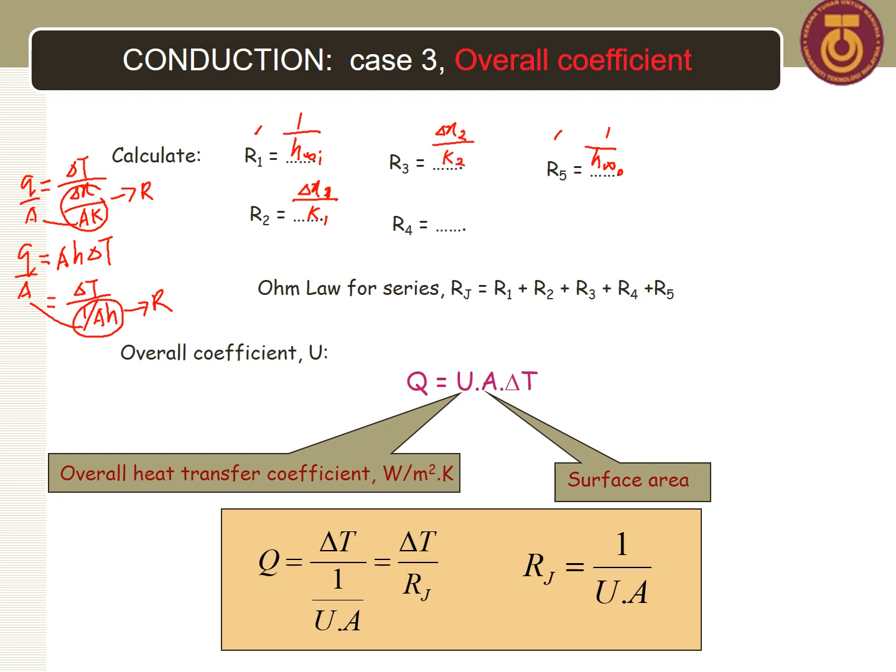And for R4 it is delta X, layer number 3, then K for layer 3. Okay, and we know this is a series, so Rj equals R1 plus R2 plus R3 plus R4 and plus R5. So just sum all these together, then you will get Rj.